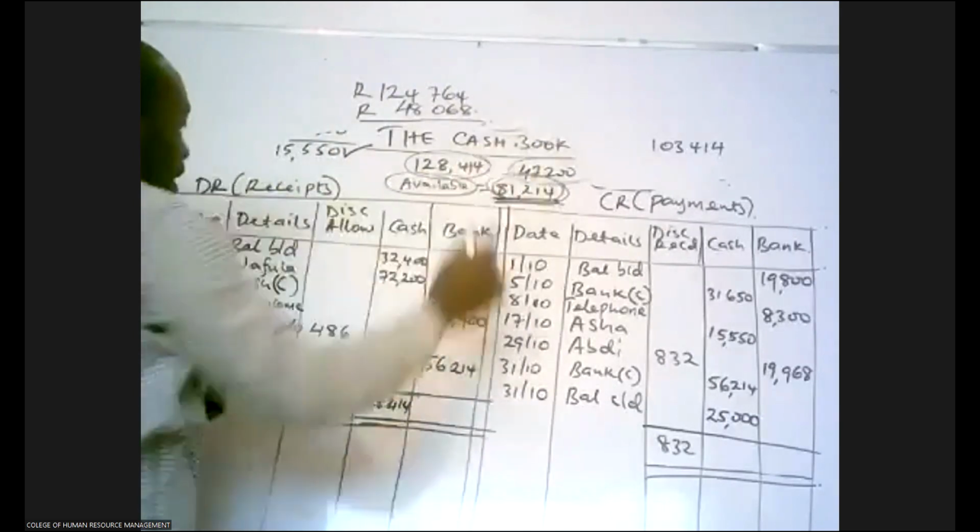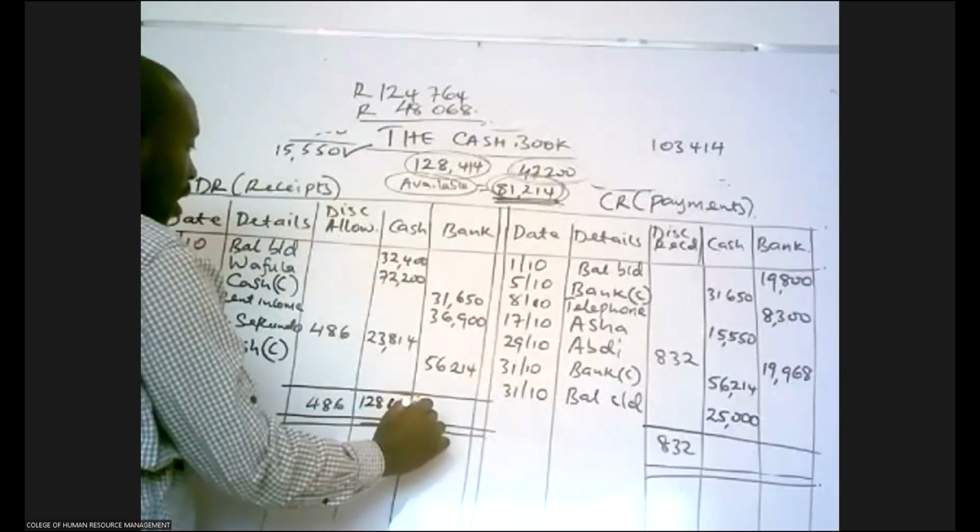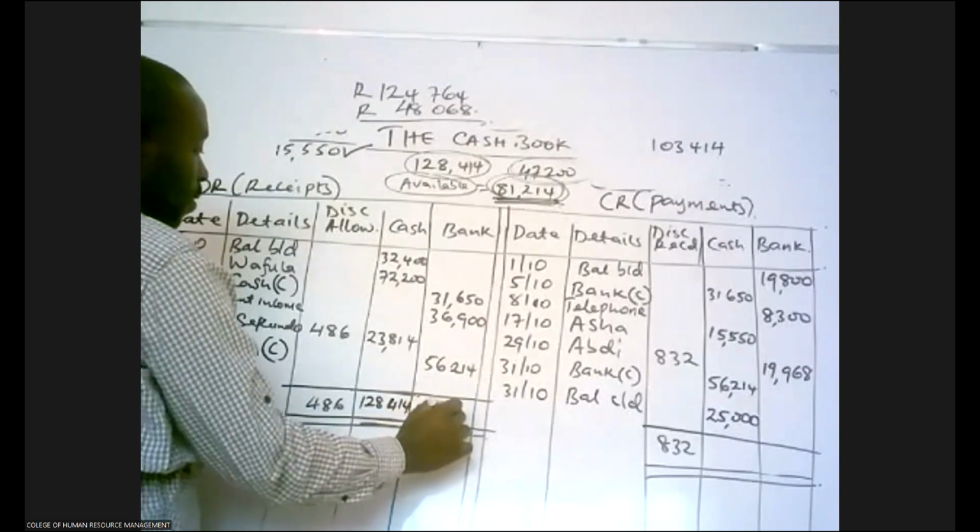So the difference is the balance. This figure is higher, 124,764.